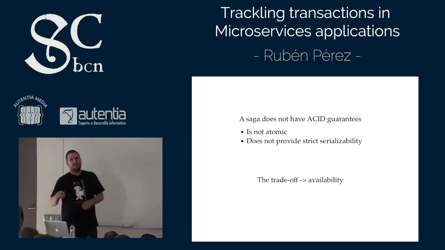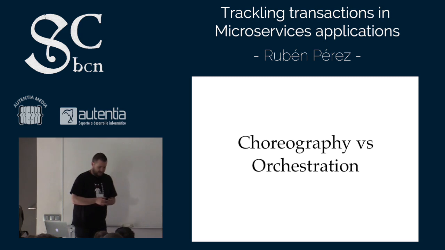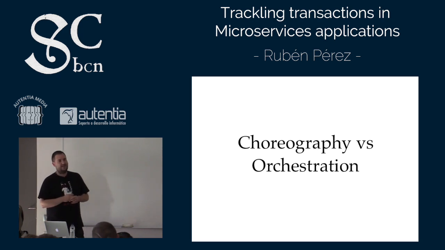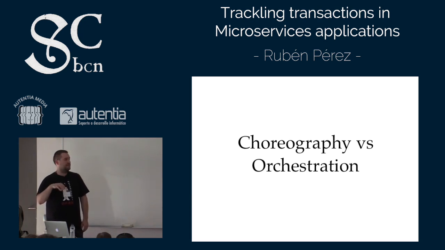So up until here, we have been discussing sagas as an architectural pattern. Now we will get into design choices to make in order to implement that. First, the typical choreography versus orchestration choice in a distributed system. The orchestration has a central component or a central process that is a coordinator that handles all the interactions between the services.